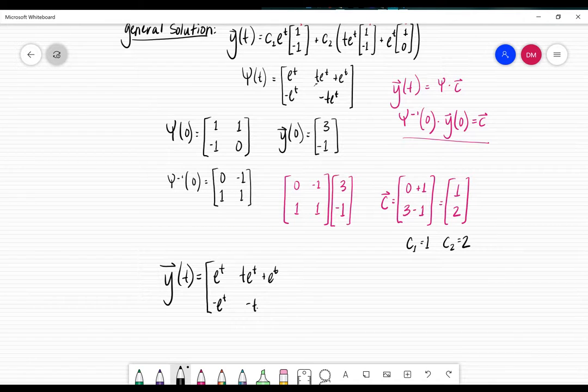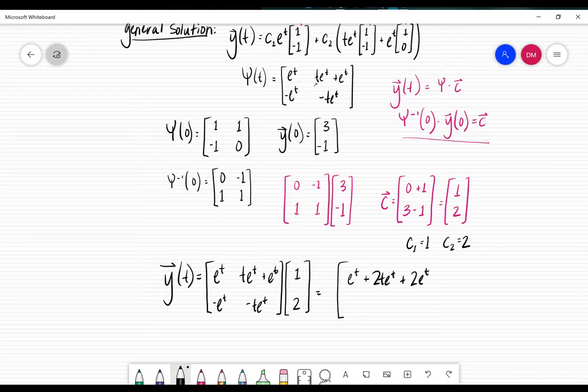This is what we would be multiplying by our C matrix 1, 2. So typically you are going to see that full solution as e to the t plus 2t e to the t plus 2e to the t.